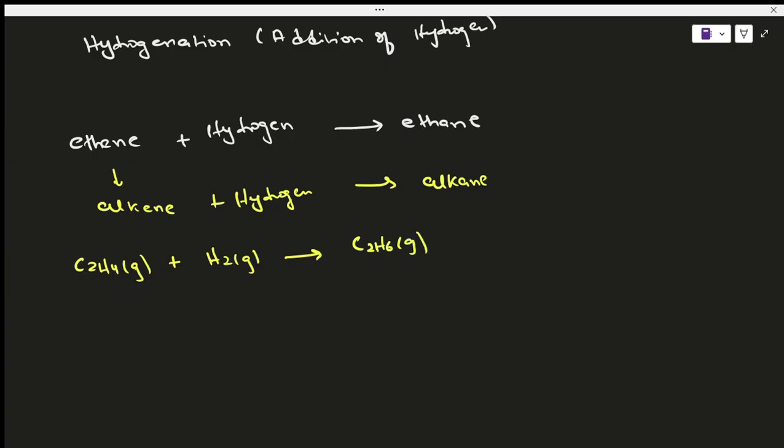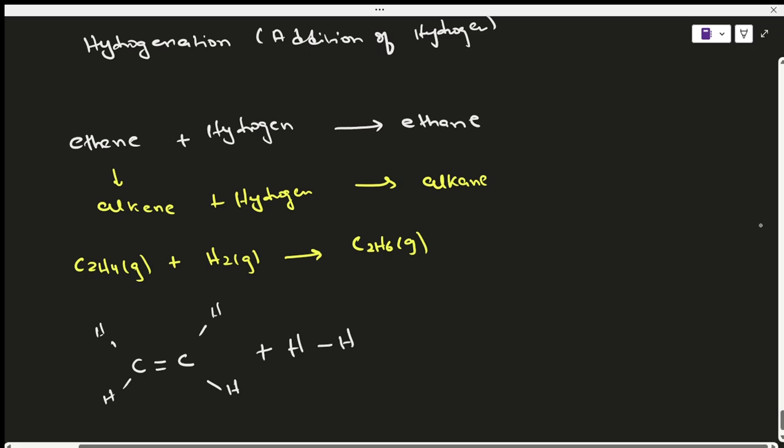Now, if I were to write the structural equation for this, this is an ethene molecule that we started with, and this is in gas. We had hydrogen, so this is the way we write hydrogen.